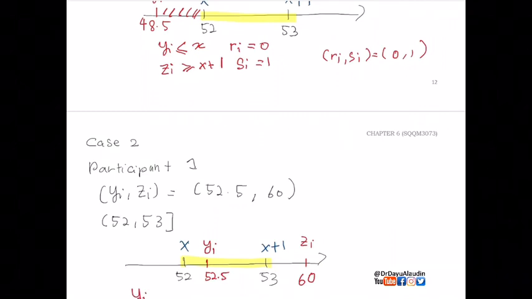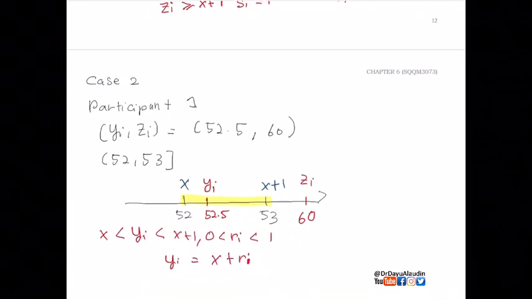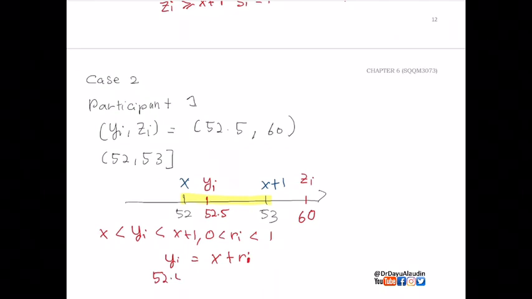So Yi is in between the interval. So Ri becomes between 0 and 1 in case 2. So Yi is x plus Ri. So Yi is 52.5, x is 52. So Ri is 0.5. So 0.5 is between 0 and 1.